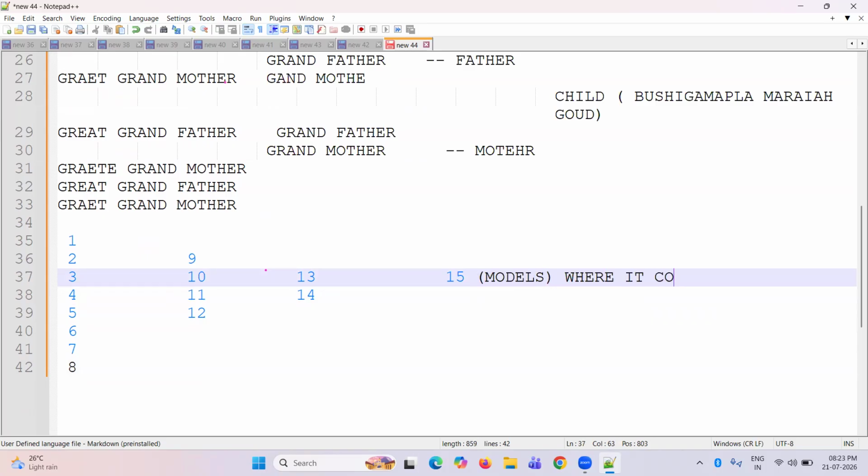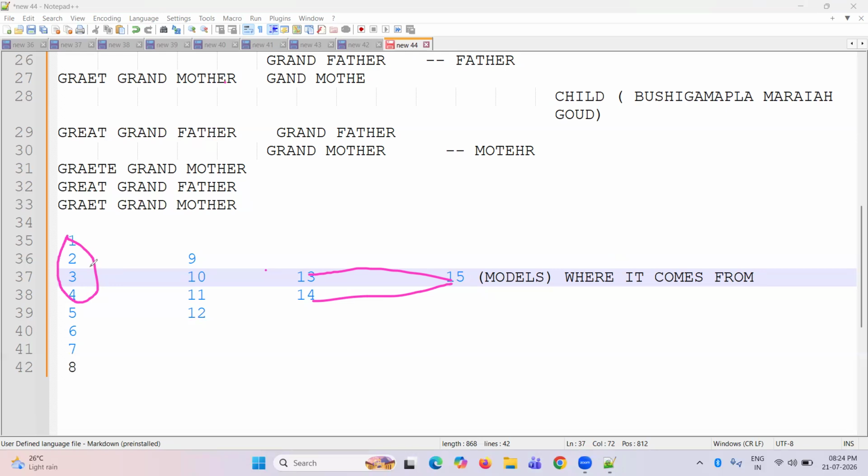So where does it come from? Here we can connect this 15th model with the 13th and 14th model. It means I'm joining these tables.